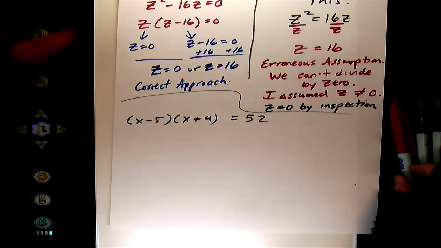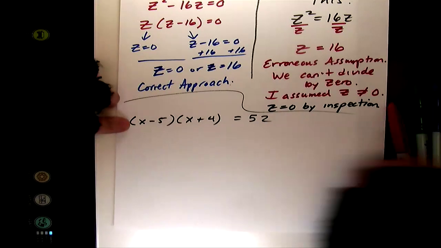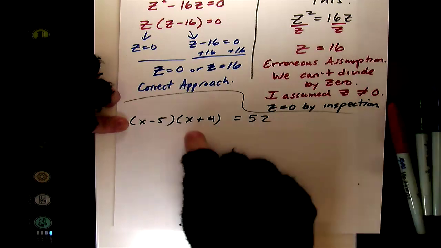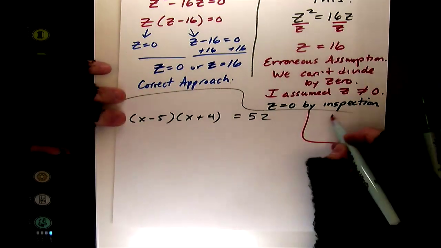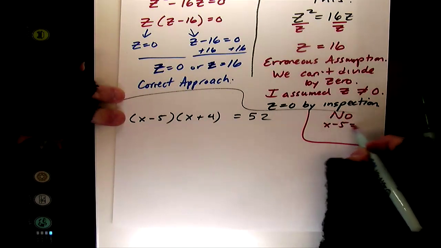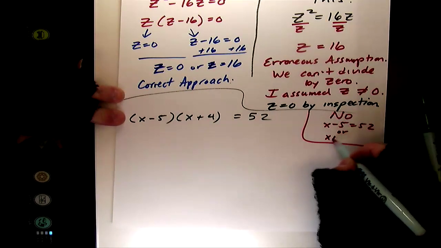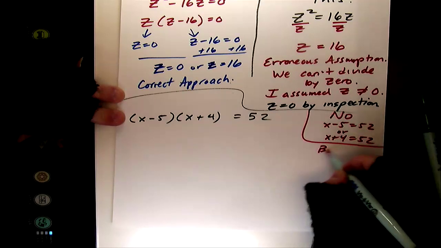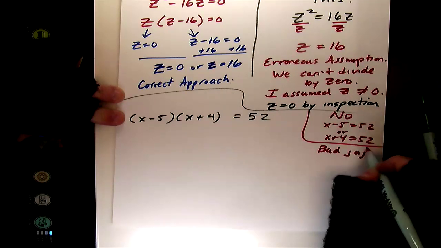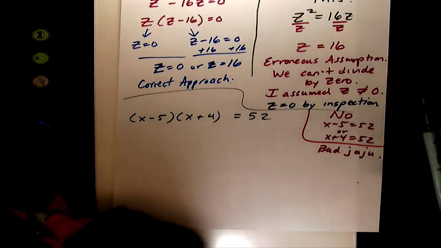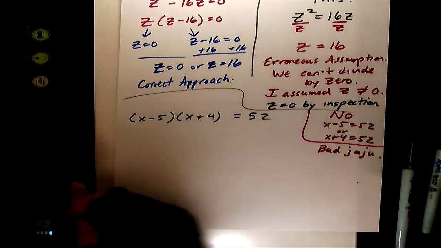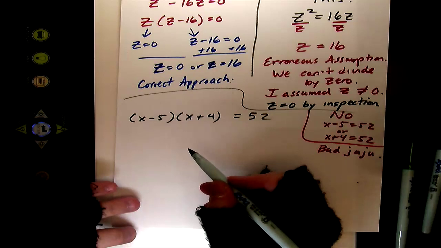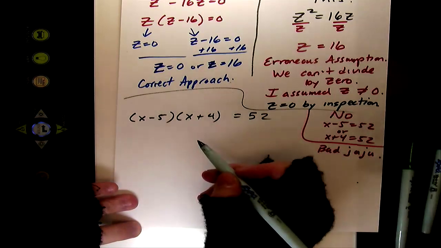I cannot say x minus 5 equals 52 or x plus 4 equals 52. That is some bad juju. That's my word. So how we go about dealing with that is we multiply this out and then we move the 52 over.